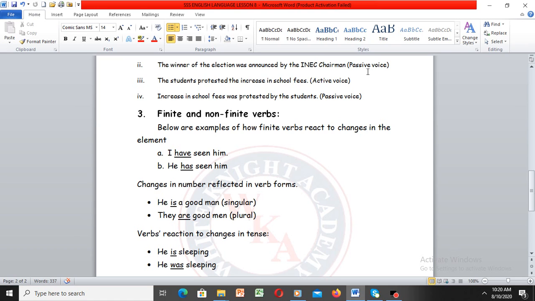Therefore, verbs are said to be finite when they react or respond to changes in elements such as person, number, and tense in a sentence. In simpler words, finite verbs change their forms as a result of changes in person, number, and tense. Below are examples of how finite verbs react to changes in the elements stated above.